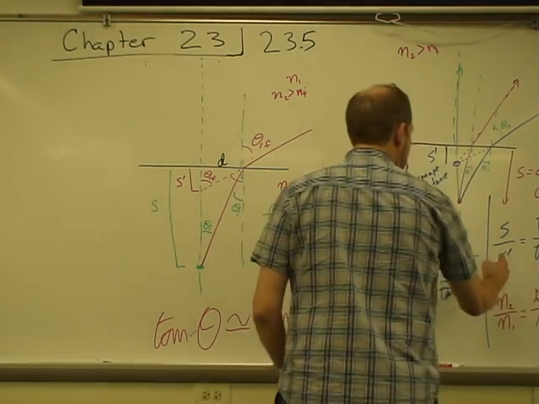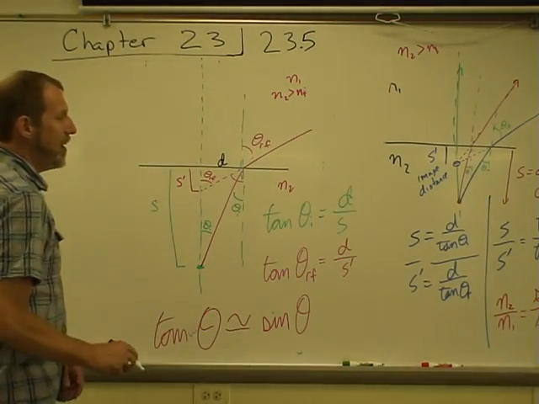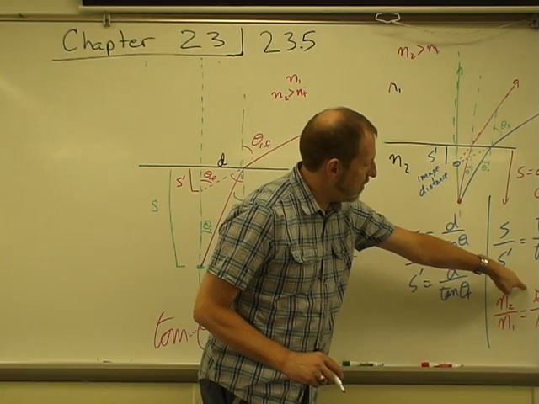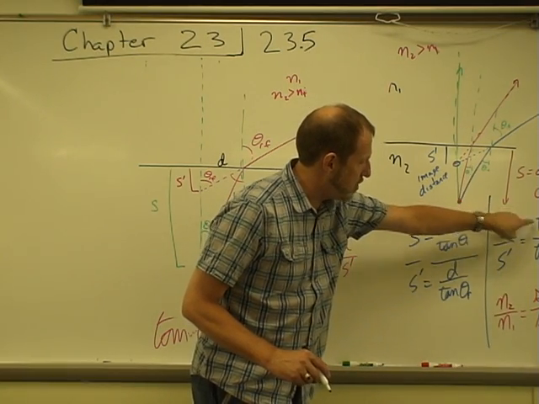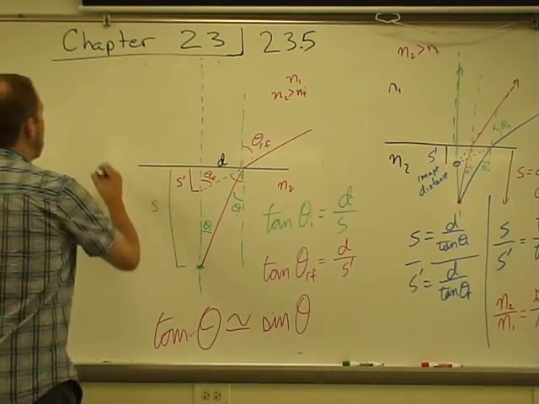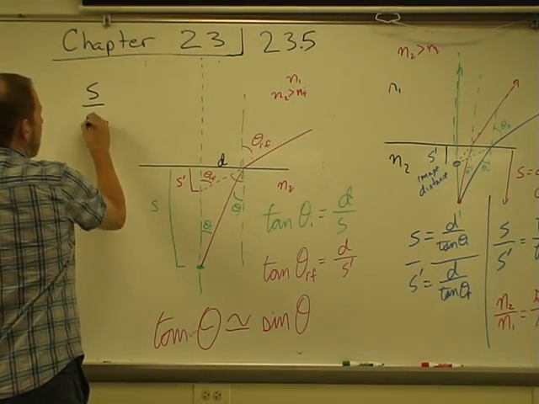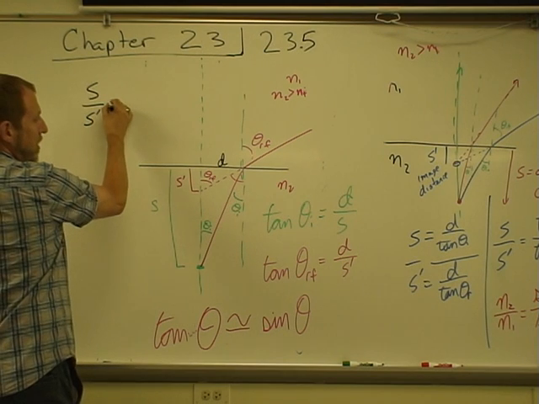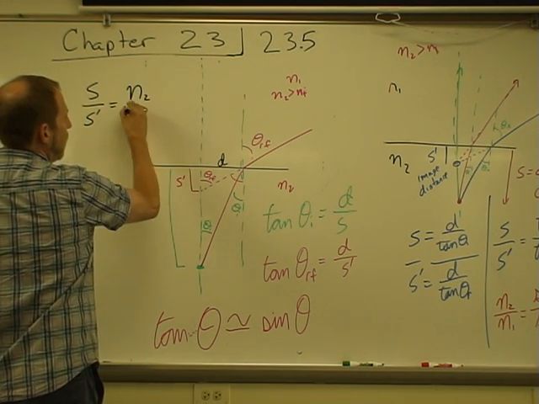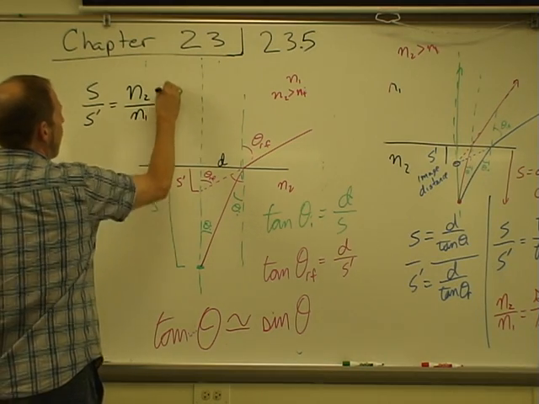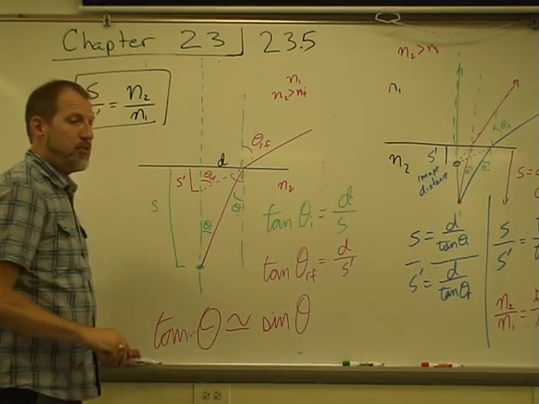Which means that the sine of the angle of refraction over the sine of the angle of incidence is pretty much the tangent of the angle of refraction over the tangent of the angle of incidence, or the object distance over the image distance is equal to n2 over n1 as it's drawn here.